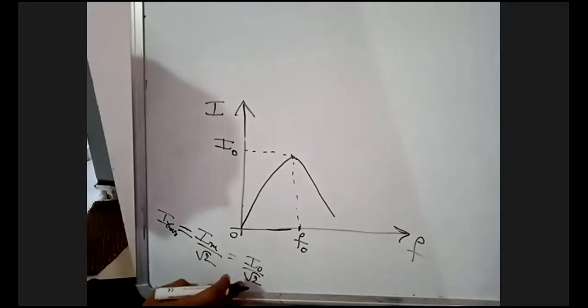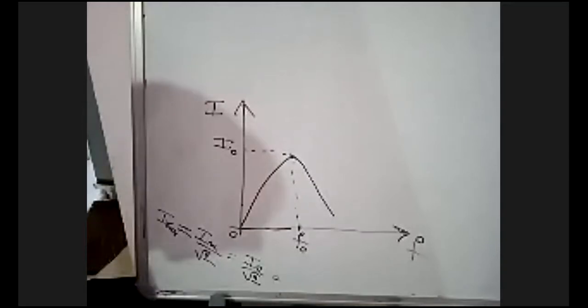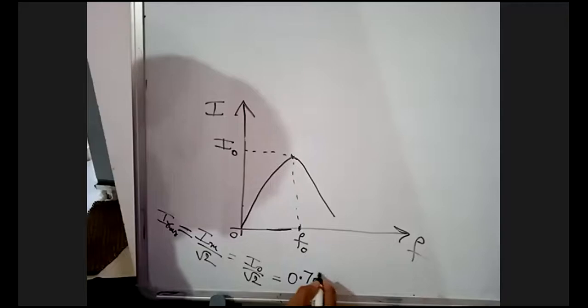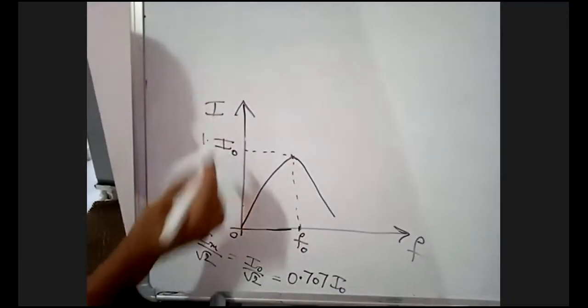What is the value of 1 by root 2? It is 0.707, so 0.707 I0.